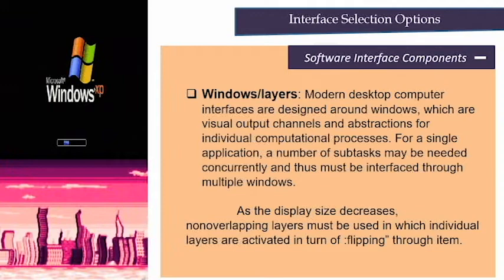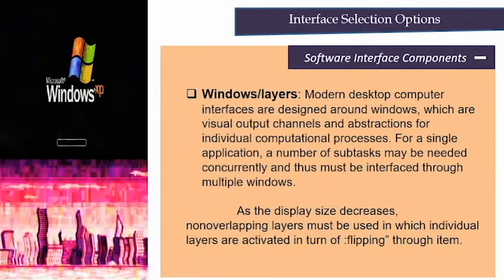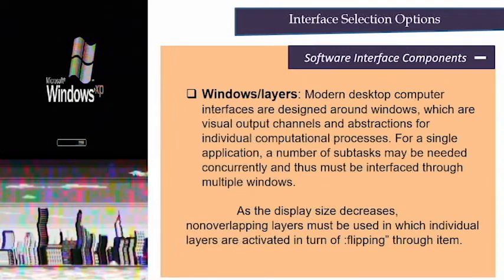So for example, if you open multiple windows, mo display ang mga windows, or mag-overlap. So overlapping windows may be used for large displays, mga large screen. But however, as the display size decreases, non-overlapping layers must be used in which individual layers are activated and turned off by flipping through items.